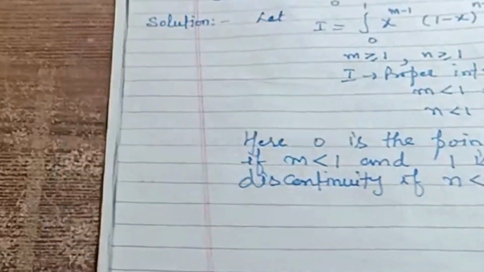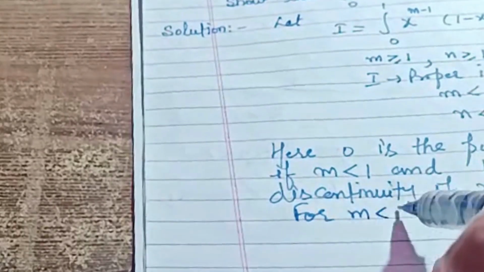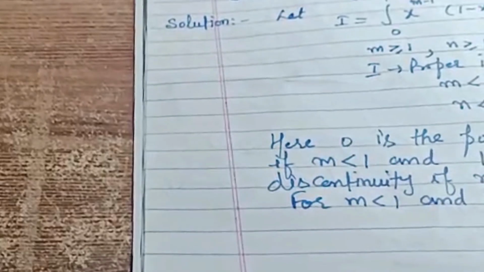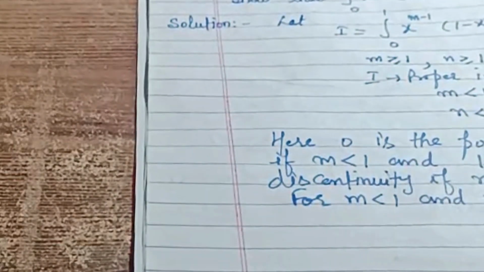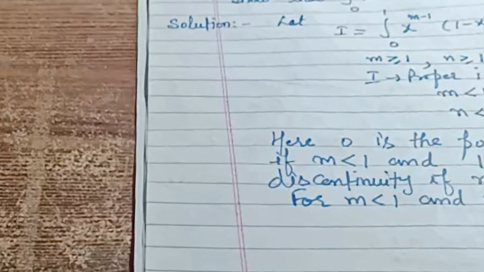So my dear students, for the case m less than 1 and n less than 1, we divide the given integral into two parts. We take a suitable number between 0 and 1, and 1 by 2 is a suitable number, but you can take another number also.